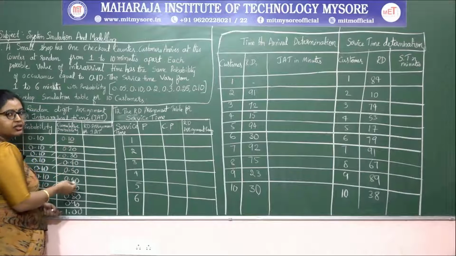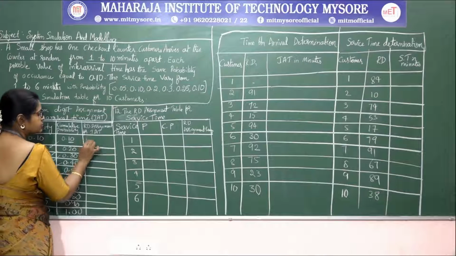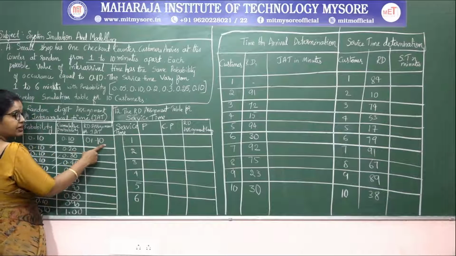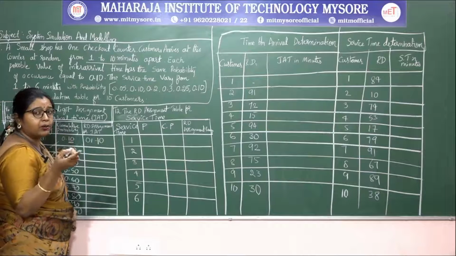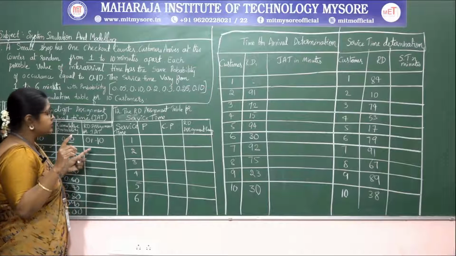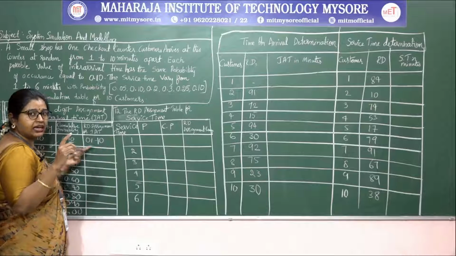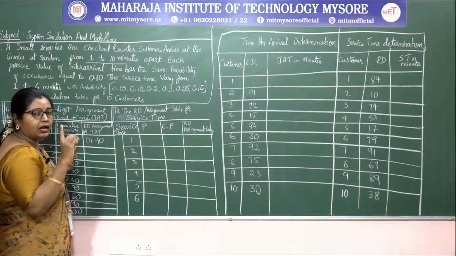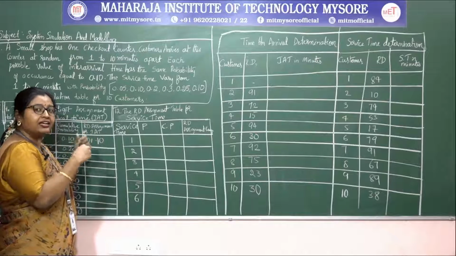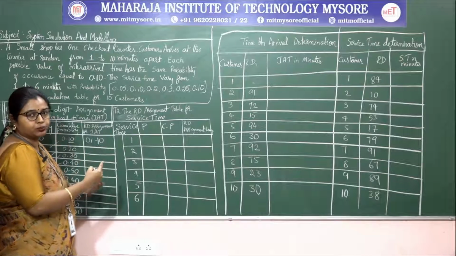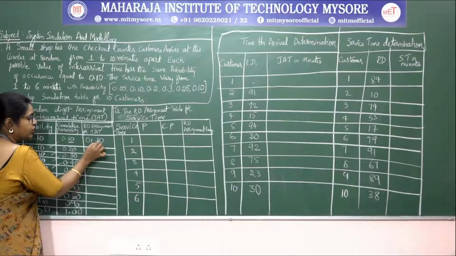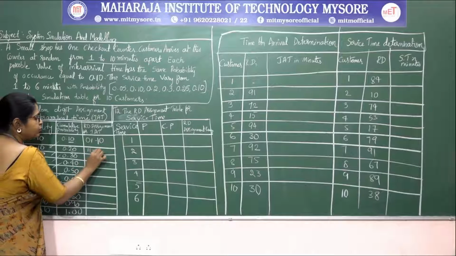So then random digit assignment is nothing but what? Here we have 2 digits. So if the random number you have taken is from 1 to 10, then you need to assign 1 minute for that particular customer. So that customer is going to come at that minute. Okay, so next is 20. Since it is cumulative, the next range is 11 to 20.